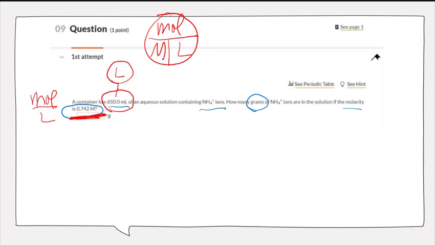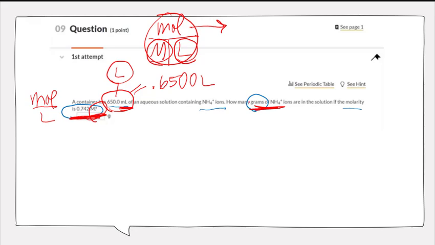So if we know liters, we convert that to liters. So 650.0 milliliters is 0.6500 liters. So if we know volume and we know concentration, we can find the moles of ammonium ions, and then from that we can get to grams.